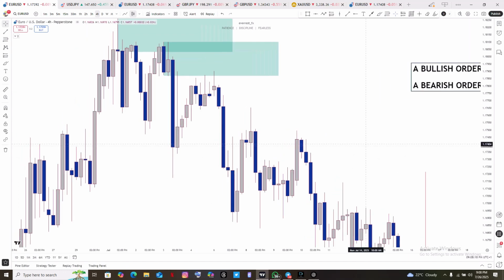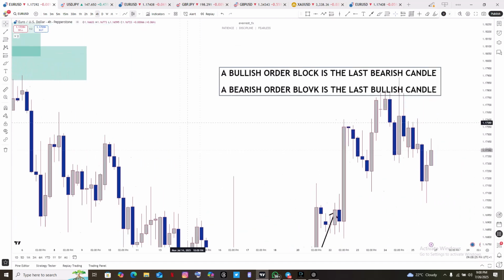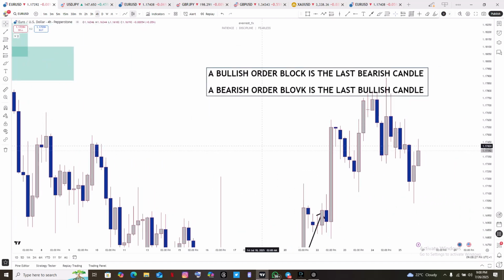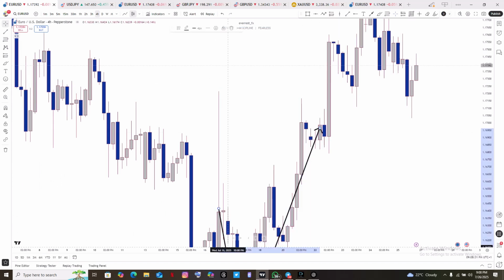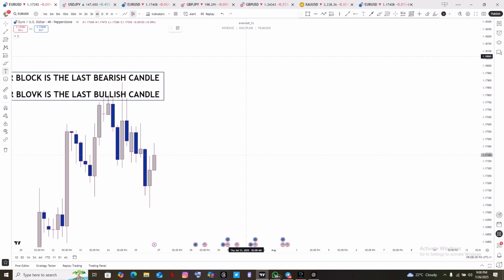Now I want to talk about types of order block. Apart from the bullish and bearish order block, we still have other classifications of order block.